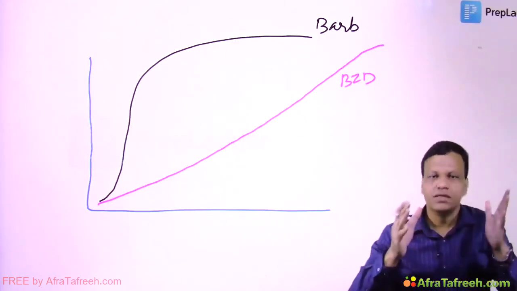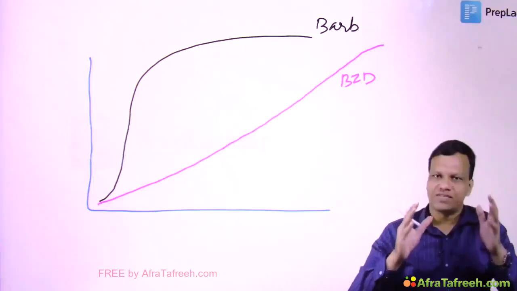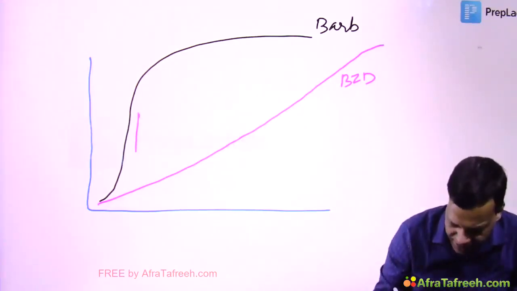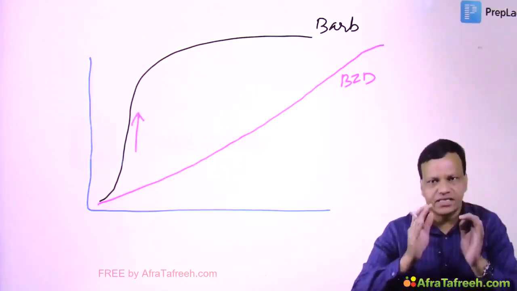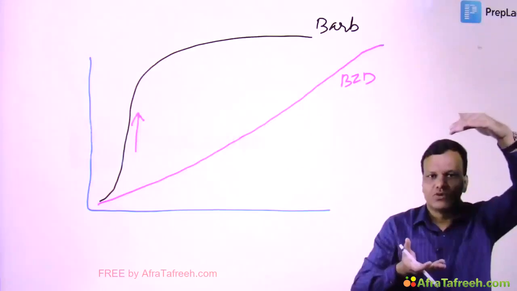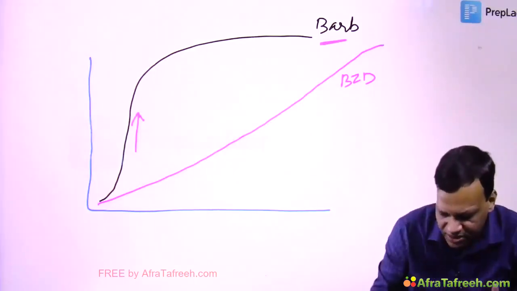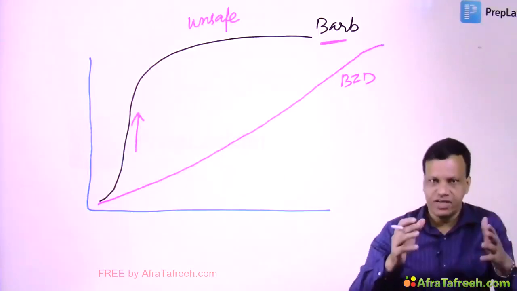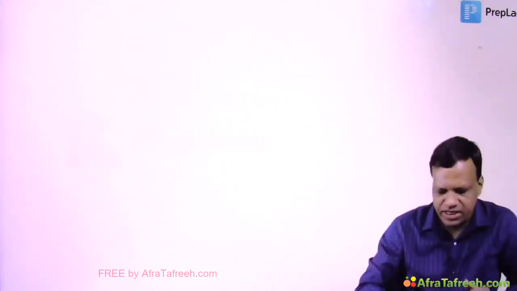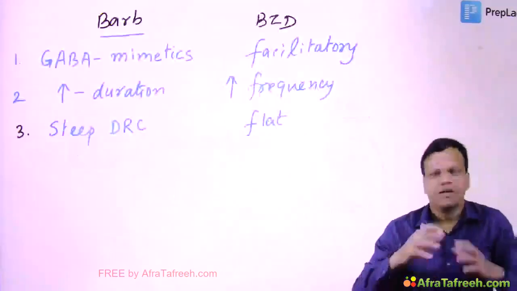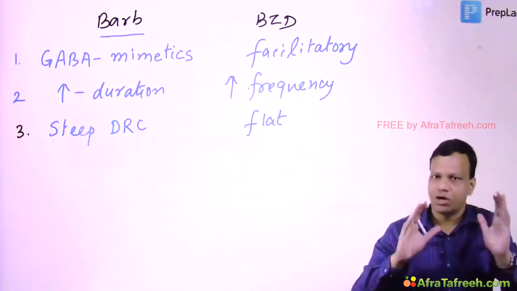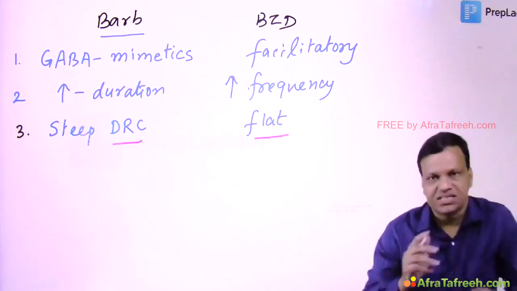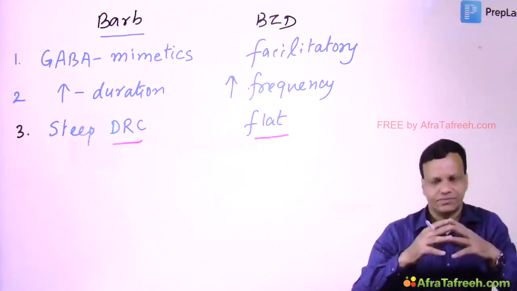Due to slope? Yes, S for slope, S for safety. Slope tells about safety. Barbiturates have a steep DRC, that means with a slight increase in dose, the response increases so much. So barbiturates are relatively unsafe drugs, whereas benzodiazepines are much safer. So commonly for sedative hypnotic function, we prefer benzodiazepines, not barbiturates. Okay, so barbiturates are unsafe, benzodiazepines are relatively safer drugs.